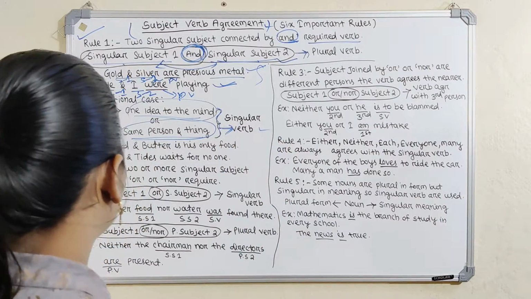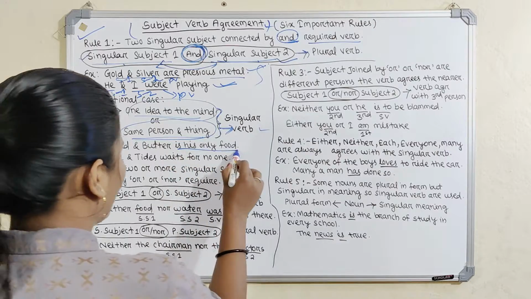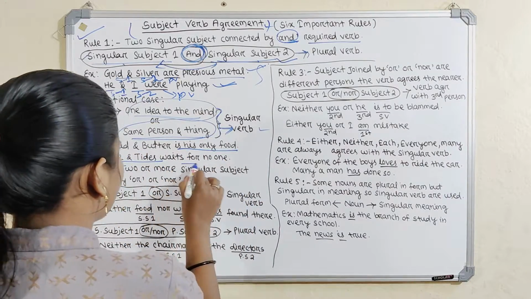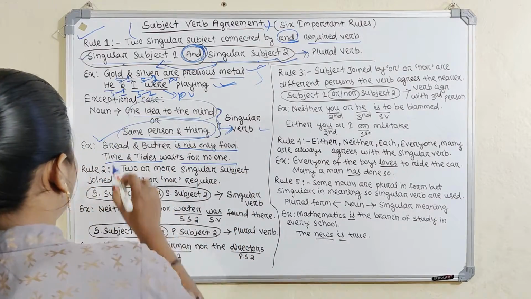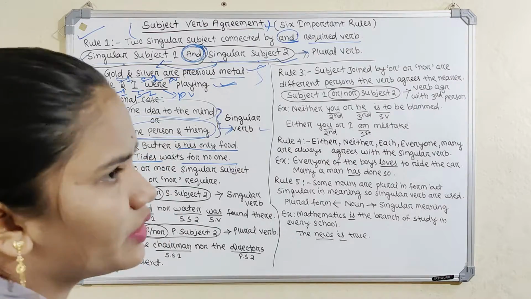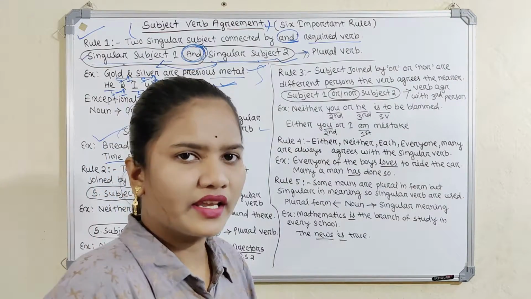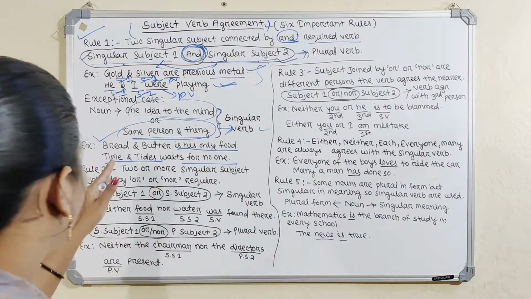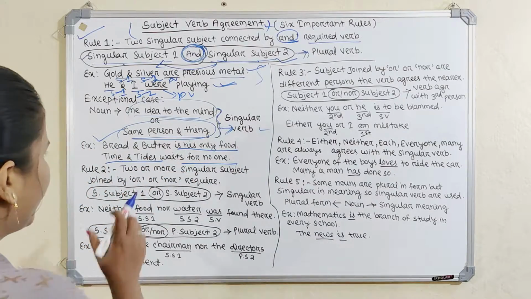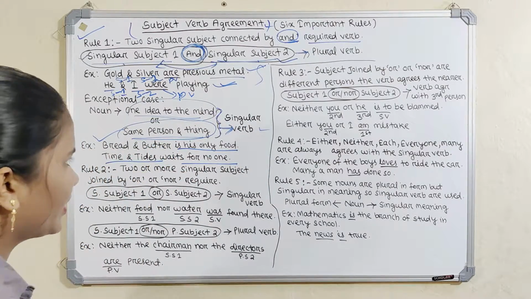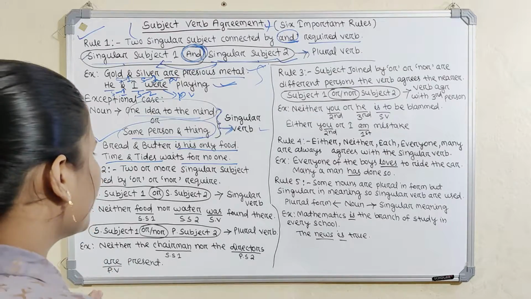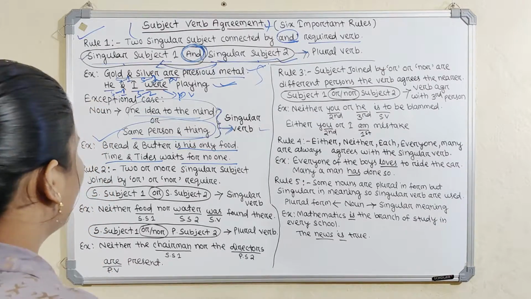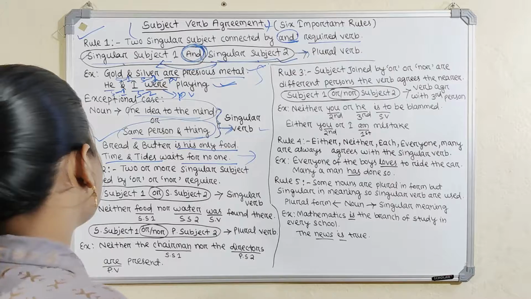Let's take one example. Bread and butter is my only food. Time and tide waits for no one. Bread and butter are two things, but they are used as one word. Time and tide is also two things, but we use them as one, so the singular verb is used.